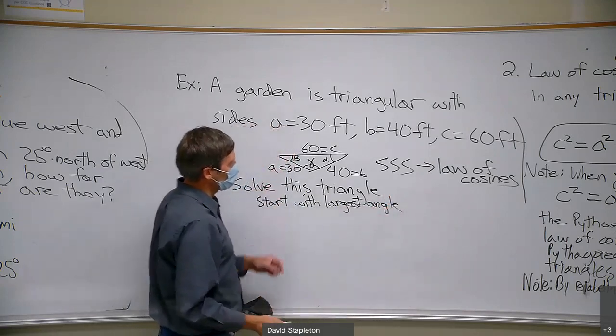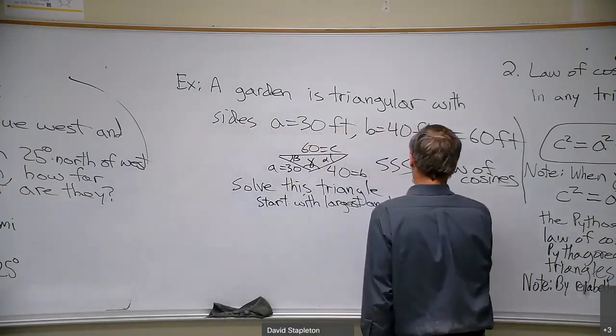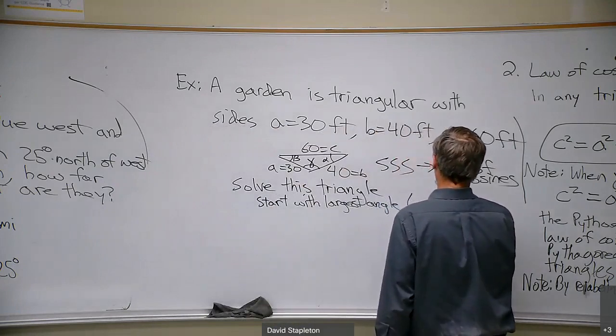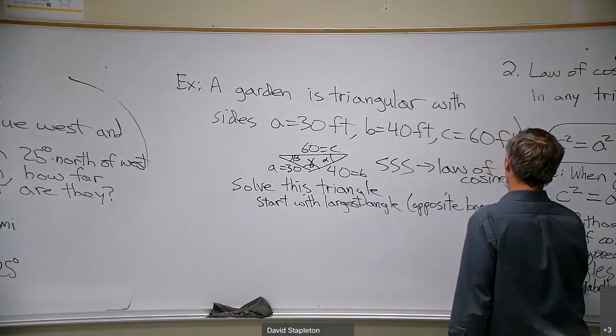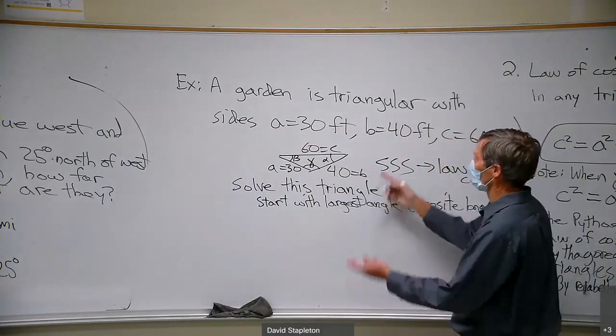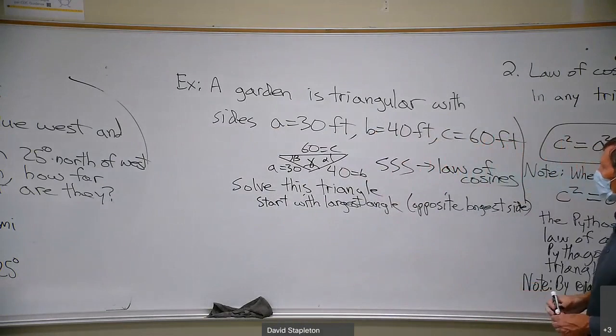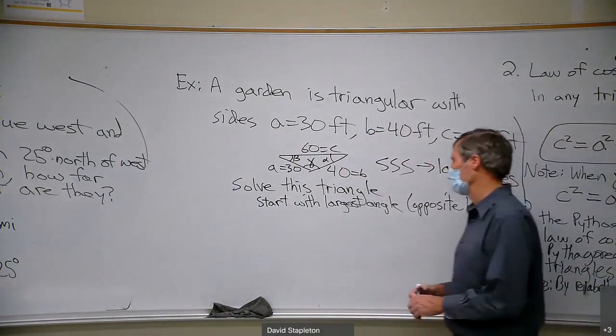In any triangle, it's opposite the largest side. And I'll show you why that's useful later. It saves you some trouble. You can use any one of the 3 laws, they all apply and they'll all work at the first step, but if you do the one opposite the largest side, that saves you a little trouble.